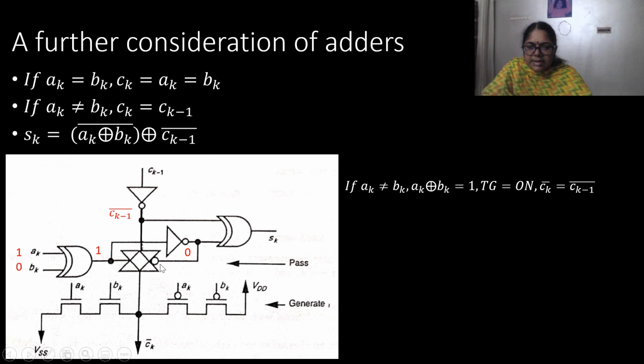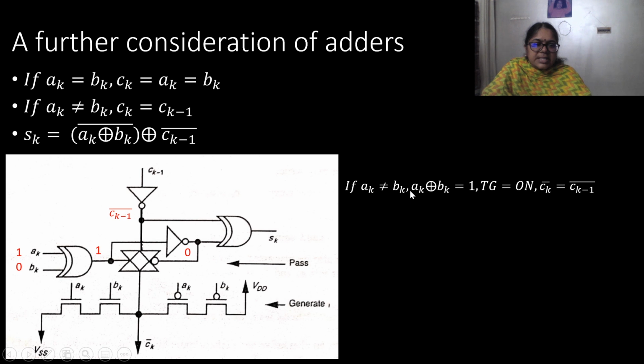The 0 is given to the PMOS part of the transmission gate, and 1 is given to the NMOS part. Thus, with 1 given to the gate of NMOS and 0 given to the gate of PMOS, the transmission gate will be on, and when this transmission gate is on, CK minus 1 bar is transmitted to the output as CK bar.